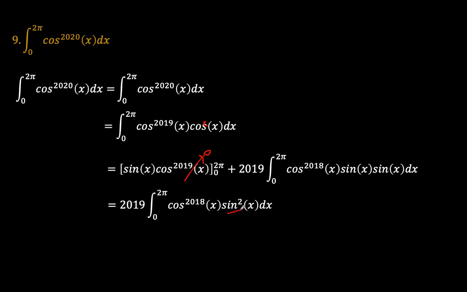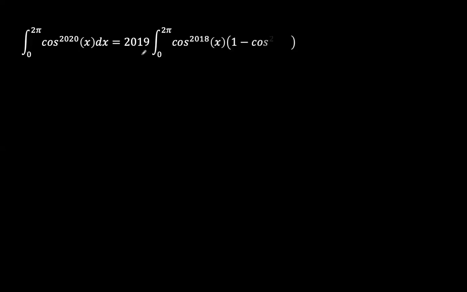And this is the same as 1 minus cosine squared x. You realize that very soon we have a cyclic or recursive process. So we have the integral of 2019 times cosine to the power 2018 x times 1 minus cosine squared x. Multiply that across, and we have two separate integrals here.